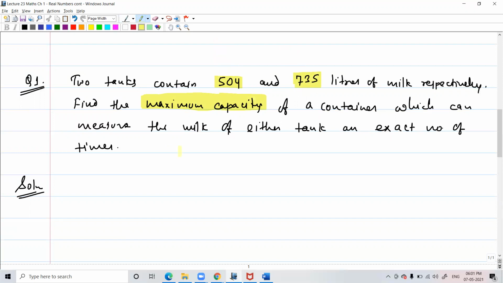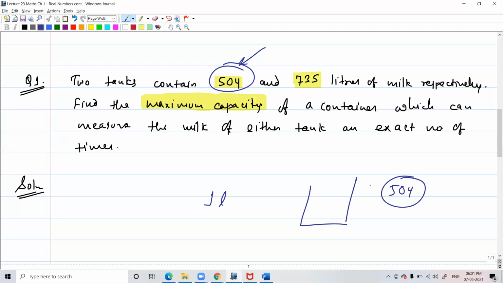So when I say exactly measure, what does it mean? If I take a container which can take only 1 liter, let's say there is a 1 liter container, it will measure this tank exactly 504 times, right? What about the other container?